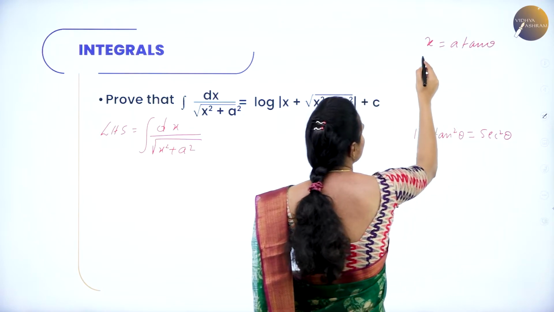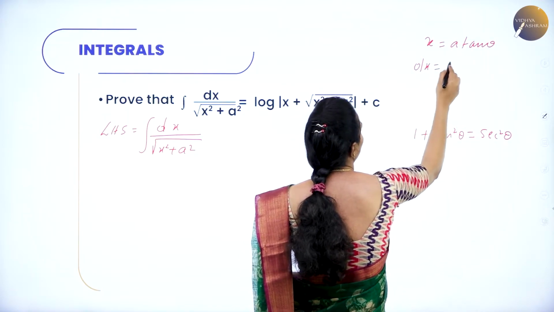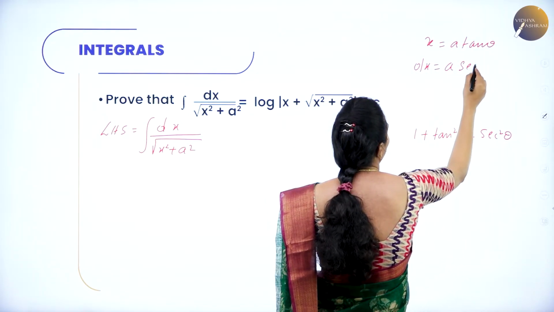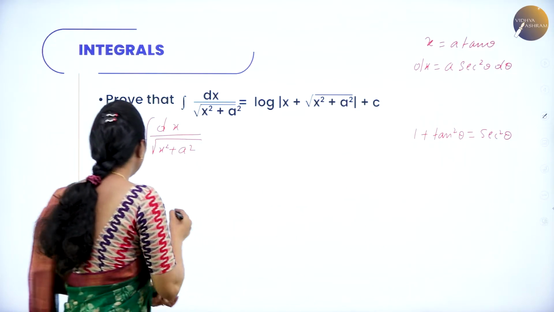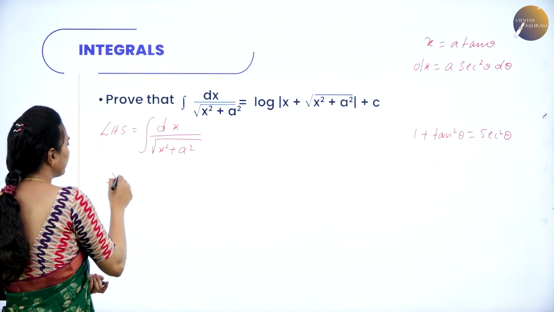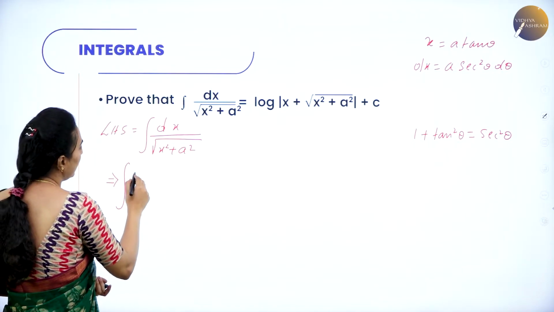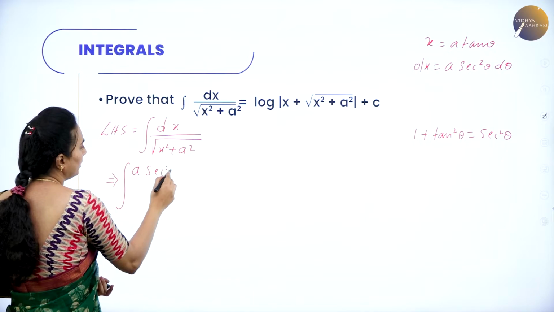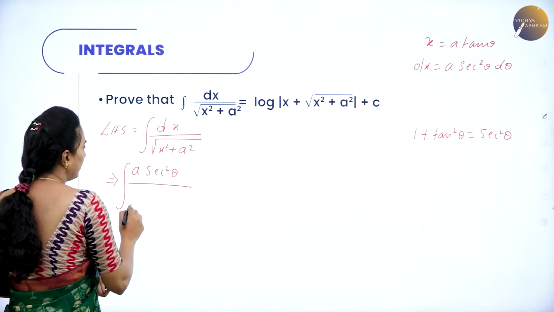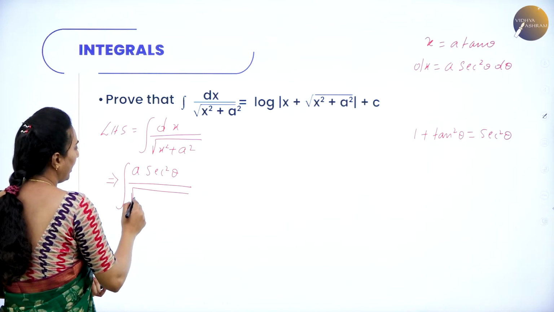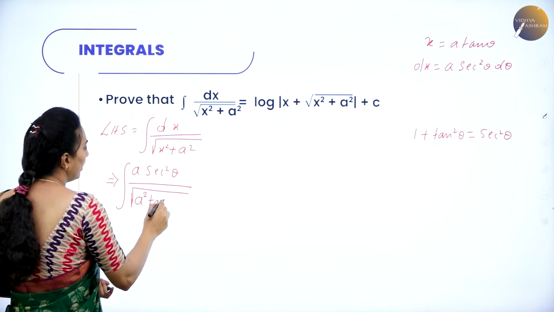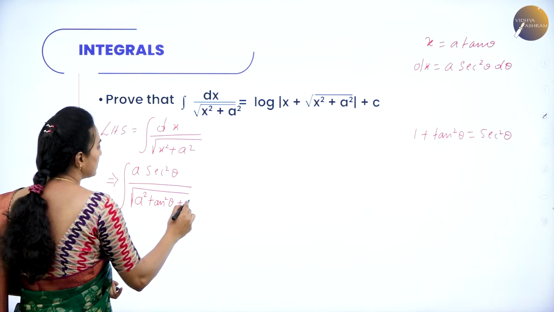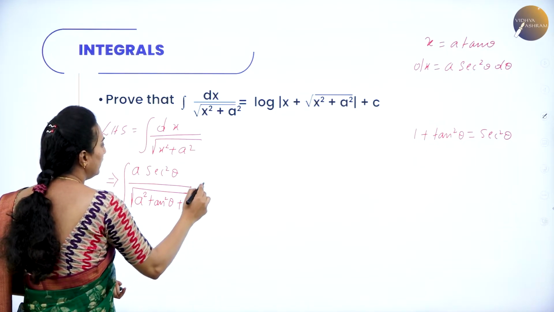If you substitute x is equal to a tan theta, dx you are going to get a secant squared theta into d theta. Therefore, substituting this implies integral of dx as a secant squared theta divided by under the root x squared, as you have substituted, a squared tan squared theta plus a squared into d theta.